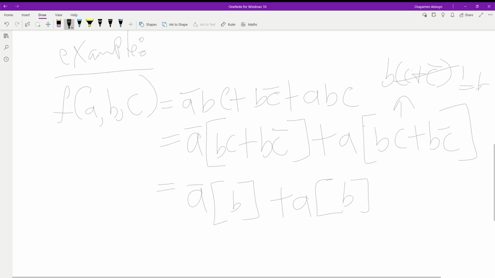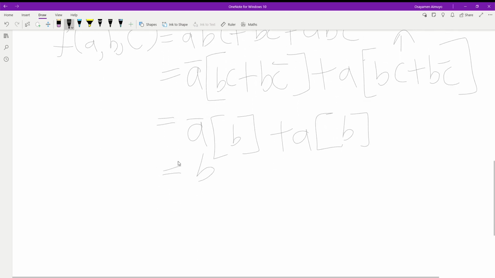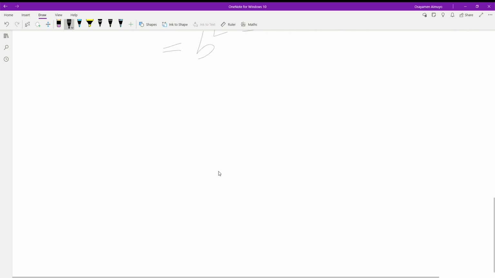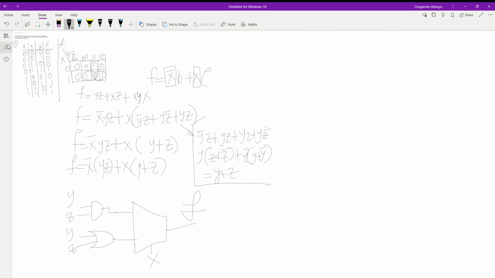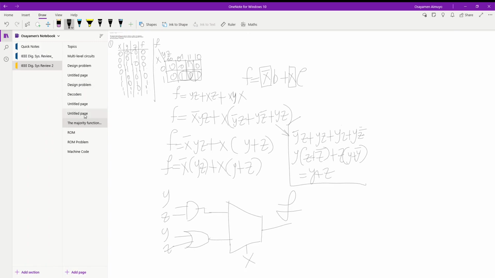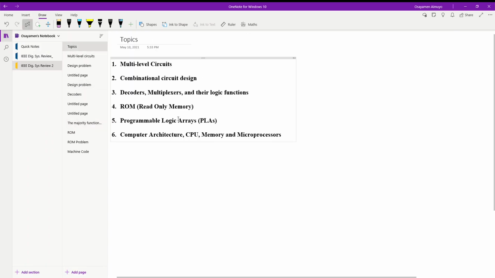And if you do the same process again, you just get b. So in this case, the function is just b, and we don't have to implement anything using any muxes. Okay, let us go on to the next topic, which would be ROM.